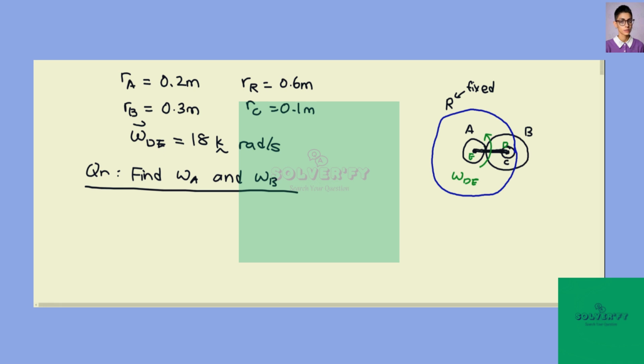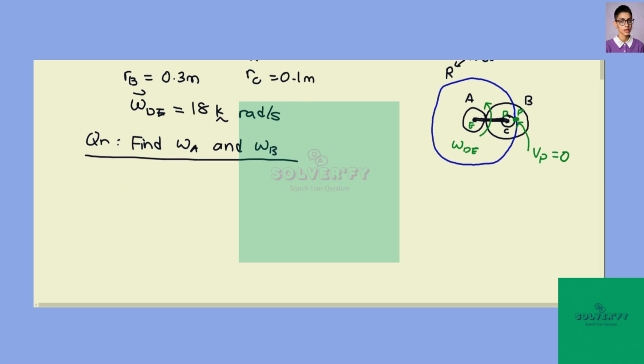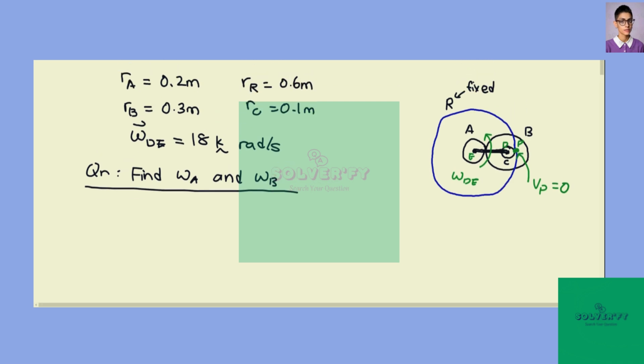First, because the ring gear is fixed, I'm going to look at this point. This point is going to be point P, and Vp is going to be 0. Because of the rotation of link DE, here is some of the given information that we are going to use for calculation.